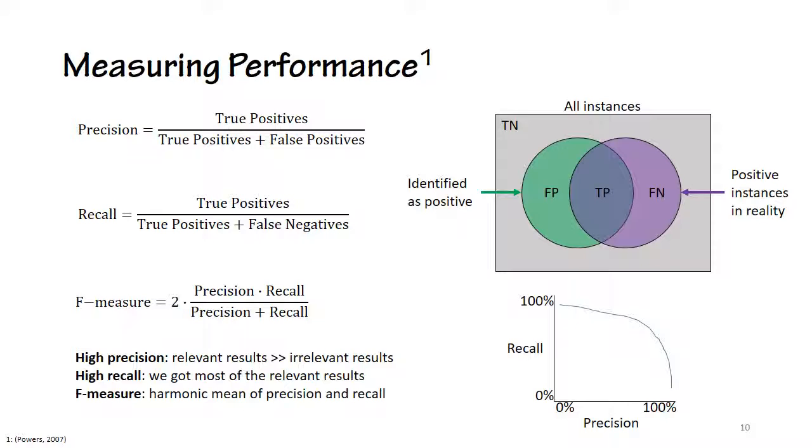So the ratio is between what is right over what is identified as positive. With recall, we have the true positives, which is the ratio over what is actually, in reality, positive. And the F measure is a harmonic mean.